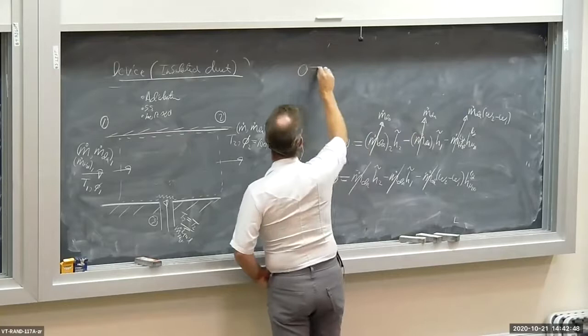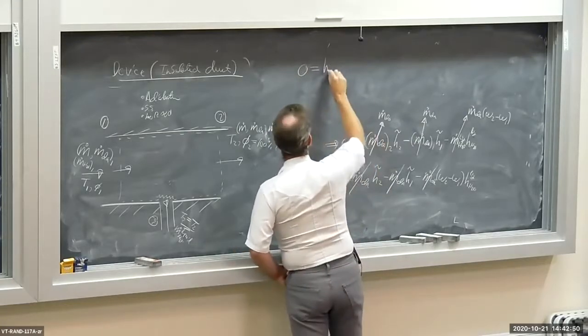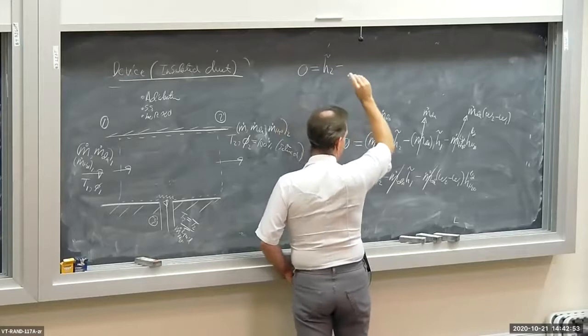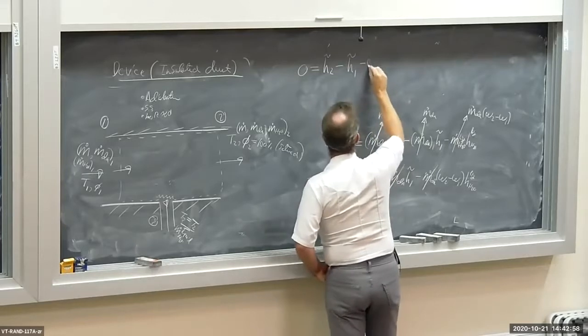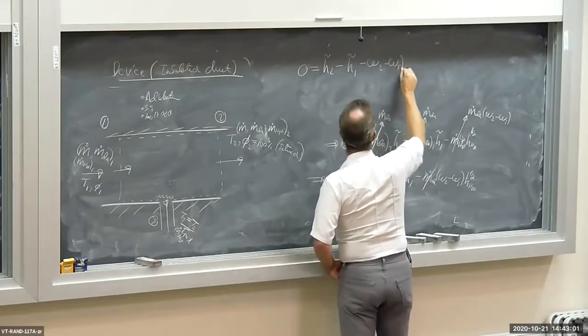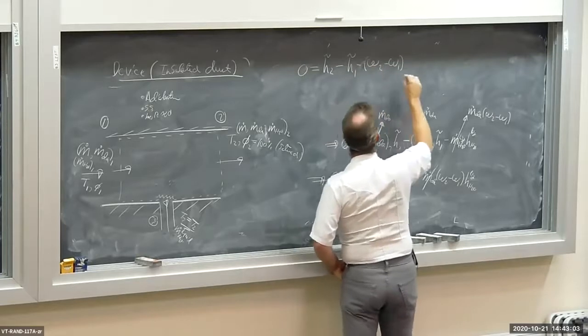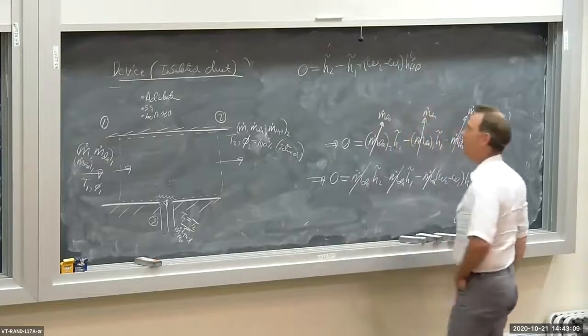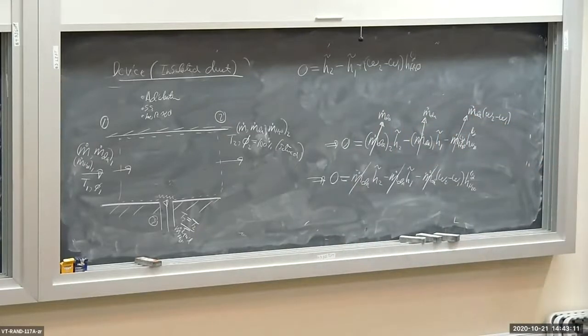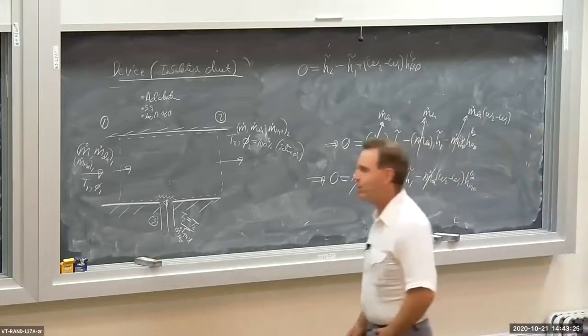I have 0 equals H tilde 2 minus H tilde 1 minus omega 2 minus omega 1, H of the liquid H2O. Okay, so that's the energy balance and mass balance included.